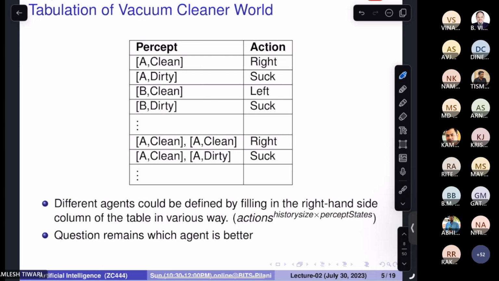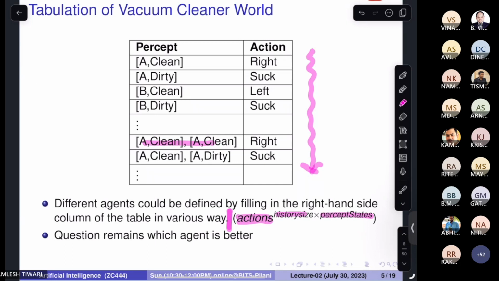When we increase the number of things, the number of possible agent functions is going to be the number of actions raised to the power of history size multiplied by percept states. Percept states means here how many states are there. This we have already seen becomes a very big number and becomes a challenge to find out which is the right one.